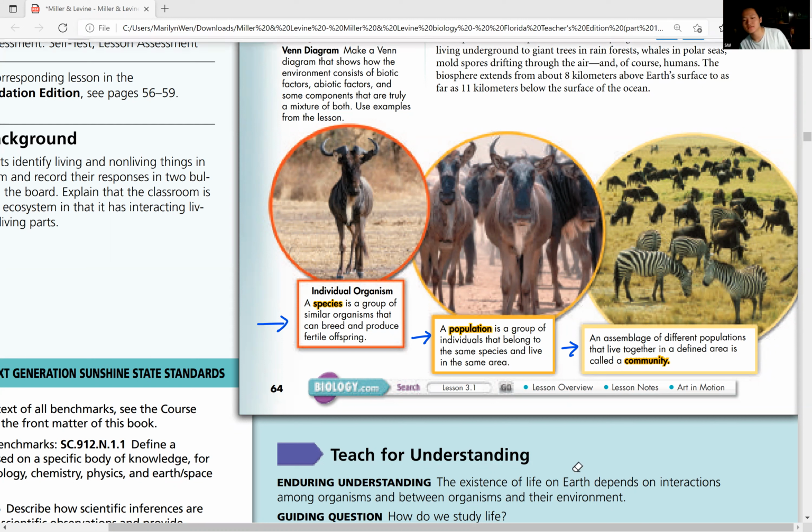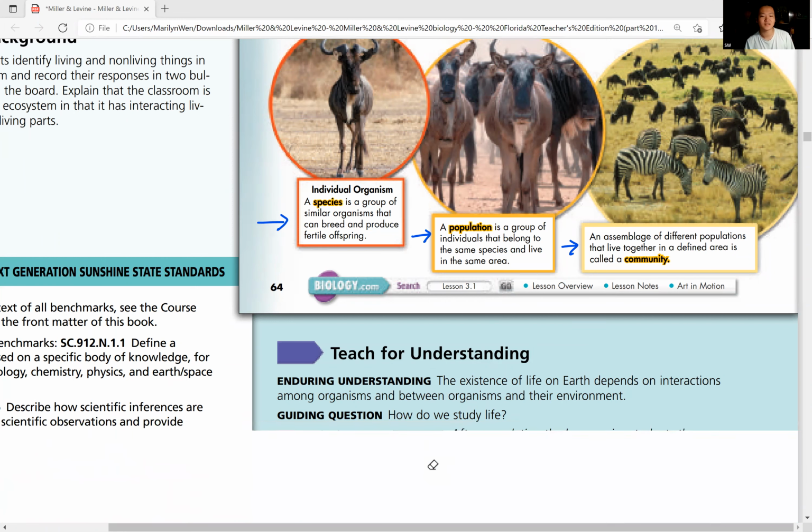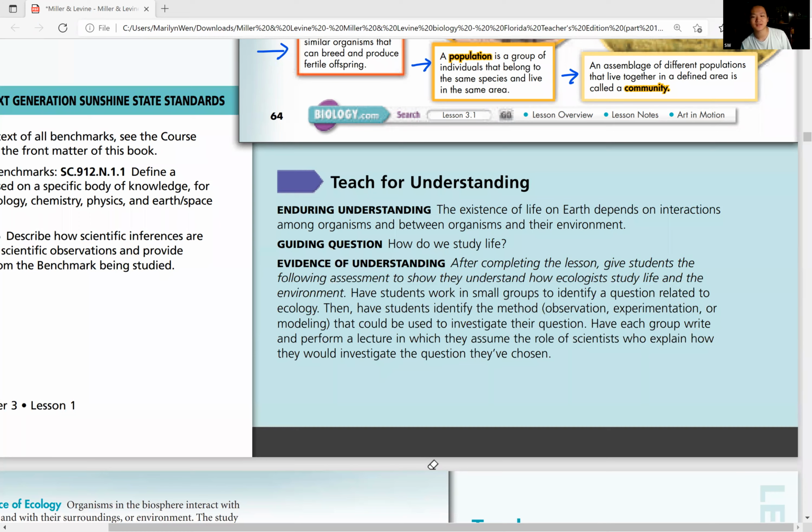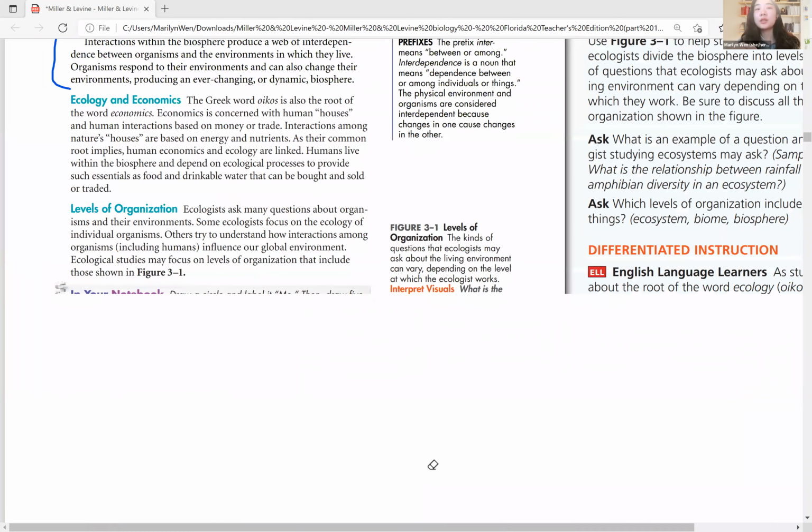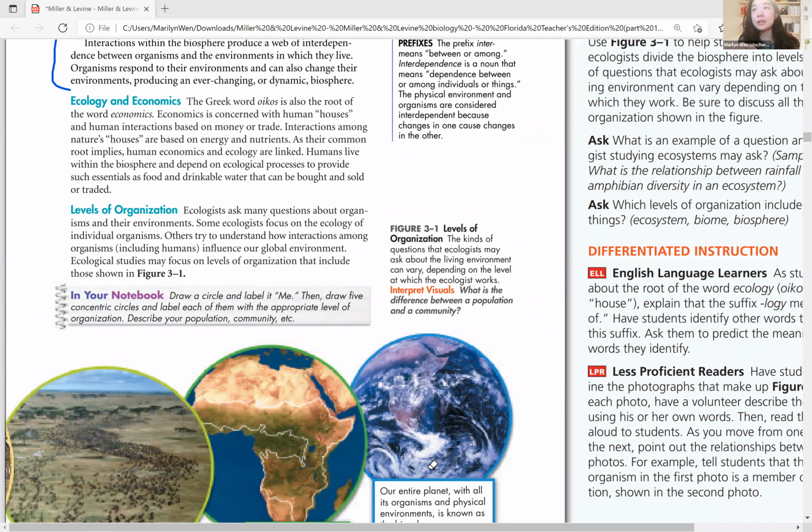Finished those three? Okay, perfect. So let's say you have a fish tank, and the fish tank has three black fishes, three red fishes, and three white fishes. So what is the fish tank? That's the community. And can you say what the species is and what the population is?